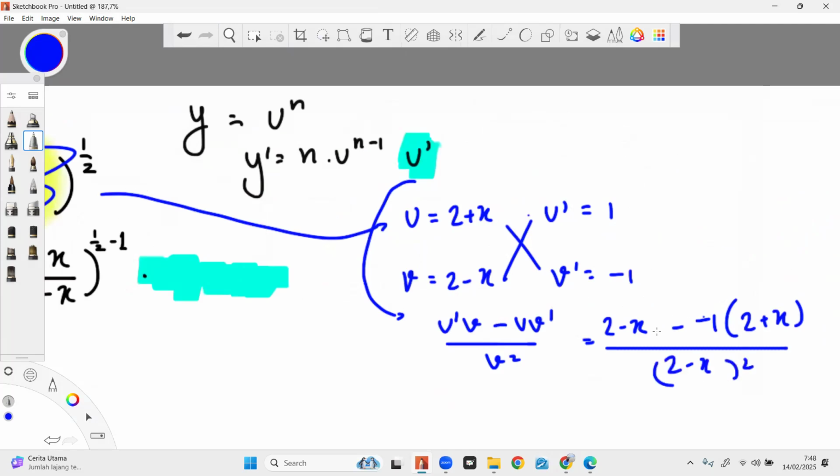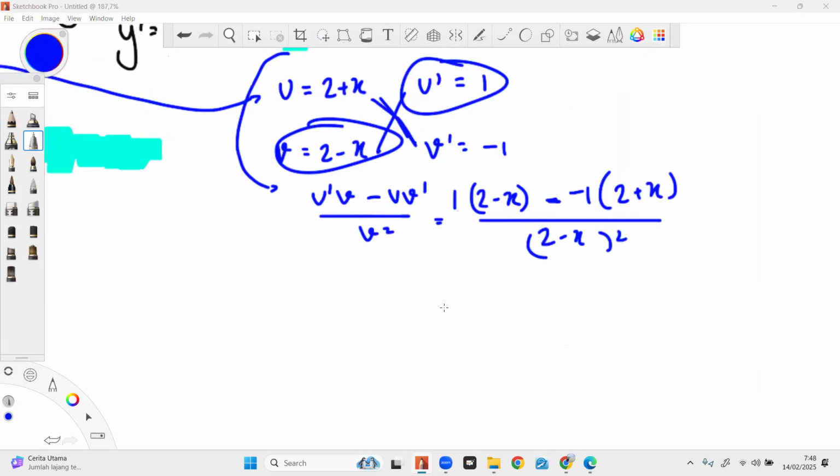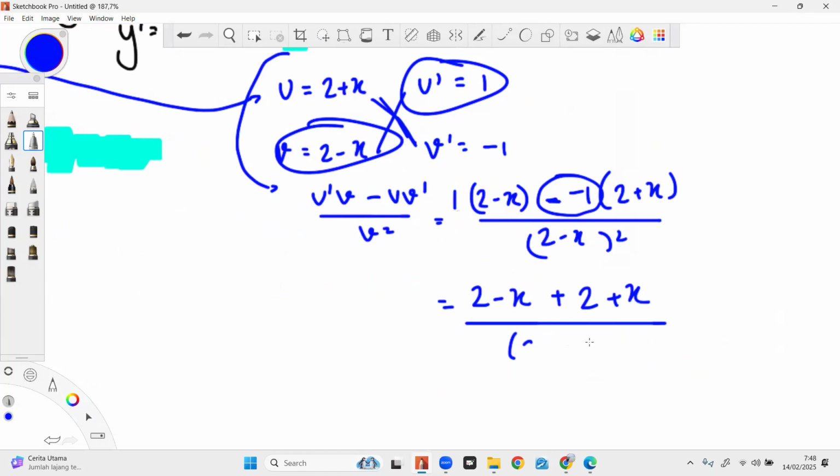Just put inside all the formula. If you don't get this, I just write u accent times v, subtract u v accent, I put the negative one in front. Then you will get 2 minus x, minus with minus becomes plus, 2 plus x over (2 minus x) squared.